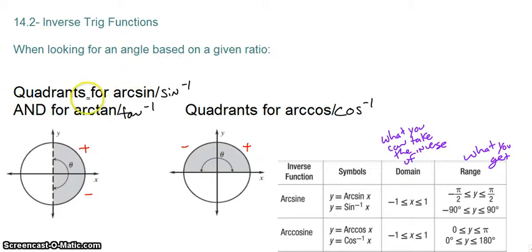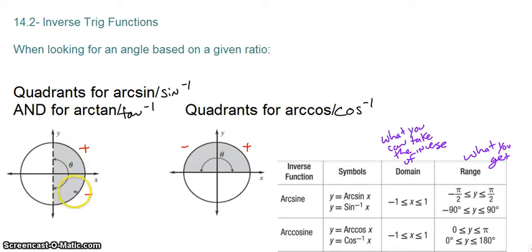For arc sine and sine to the negative first, or inverse sine, they're both always going to be interchangeable, the arc sine versus sine to the negative first. And then we've got arc tangent and tangent to the negative first. So our quadrants for our range for these guys is the first and fourth quadrant.